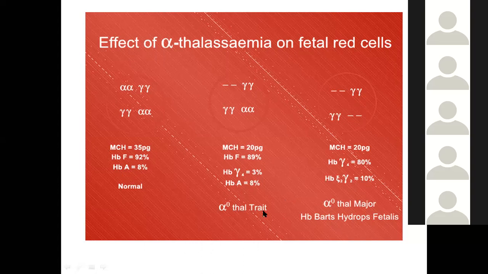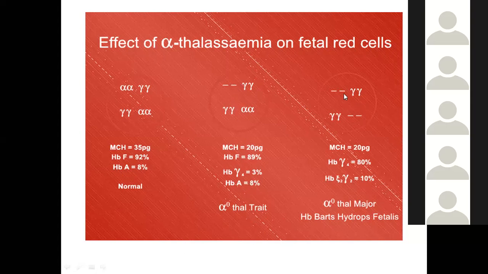Here there is alpha thalassemia trait, in which hemoglobin gamma 4 is 3%, and hemoglobin A is only 8%. Fetal hemoglobin is 89%, but there is a deletion of 2 alpha genes.